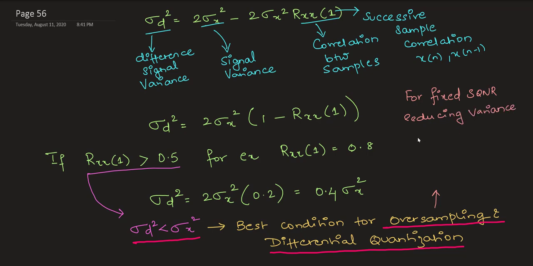So these are two advantages of having sigma d square less than sigma x square. First one is the low bit rate, not important at this point. Second is your signal to noise ratio, or SQNR improvement. Good. So both of these need to be known only at the conceptual, basic definition level, not needed for going into detail on the analysis. Okay.